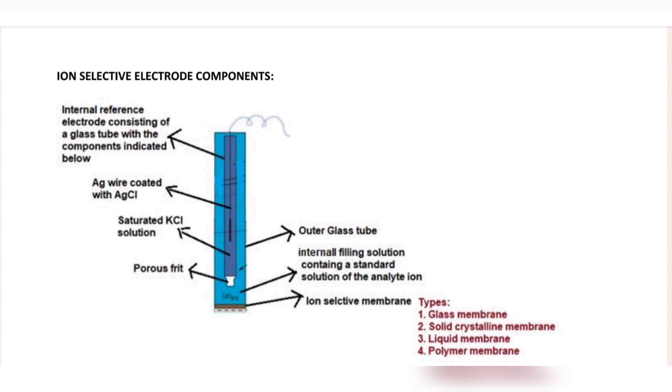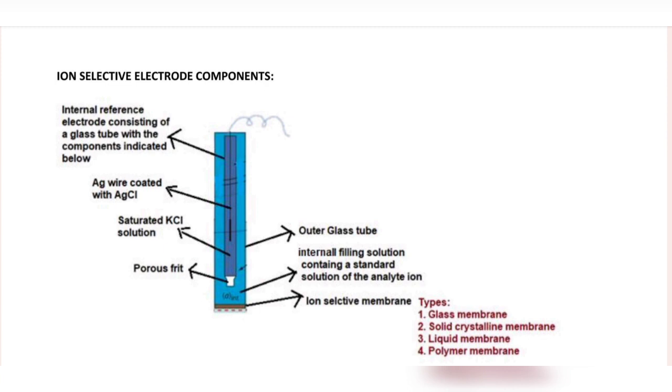Each ion selective electrode itself consists of an internal reference electrode. See this figure, which shows an ion selective electrode. In the middle part, the dark blue colored part is acting as the internal reference electrode, which consists of a glass tube.